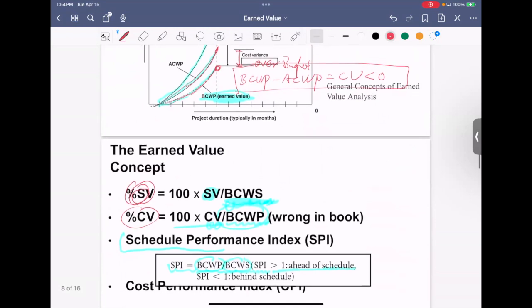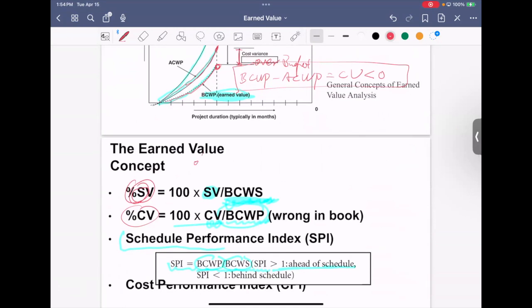So now we're going to find the percentages. We are looking for the percentage of SV and the percentage of CV, right? So you are using SV divided by BCWS, and you are using CV divided by BCWP, right?